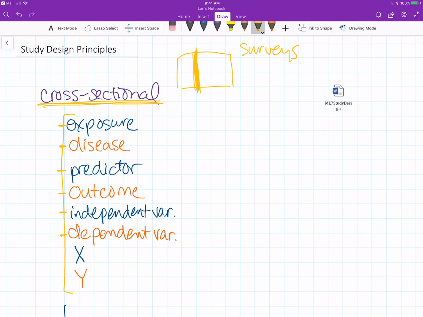We might call them exposure and disease. If you're exposed to a certain thing, then you might come down with a specific disease. We might have predictor and outcome. We might have independent variables or dependent variables if you're talking like biostat lingo. You might also refer to these kinds of variables as x and y.